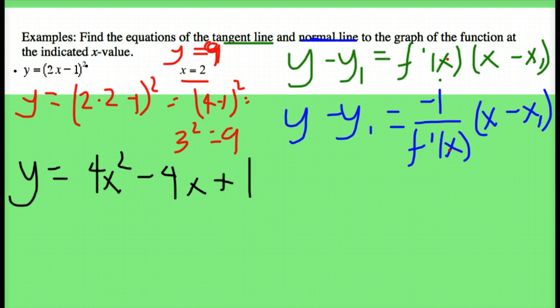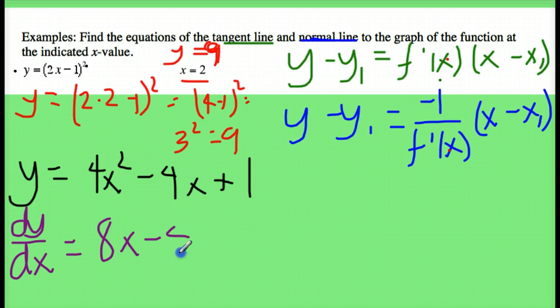So now I'm going to take the derivative of this right here, and I'm going to write dy dx, which is the other notation for derivatives, is equal to 8x minus 4. So I have the derivative, but in order to plug it into here, I actually have to plug in our x. Well, according to this, our x is equal to 2.